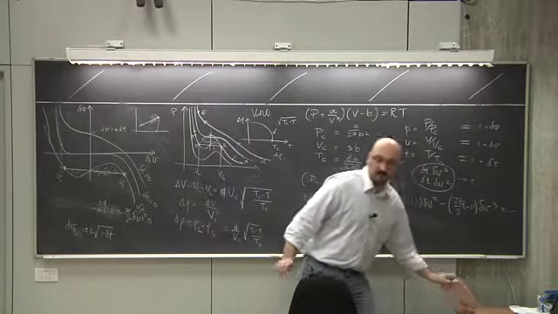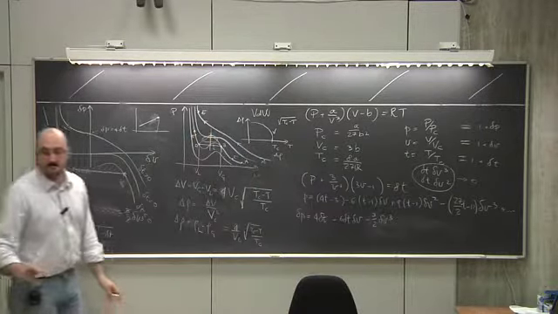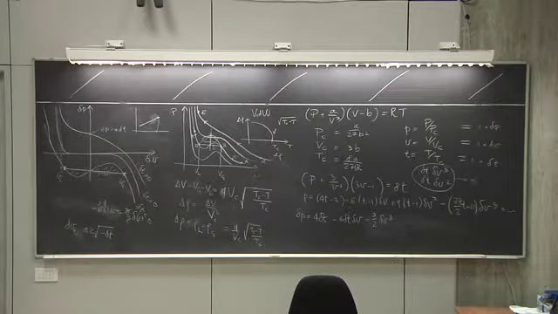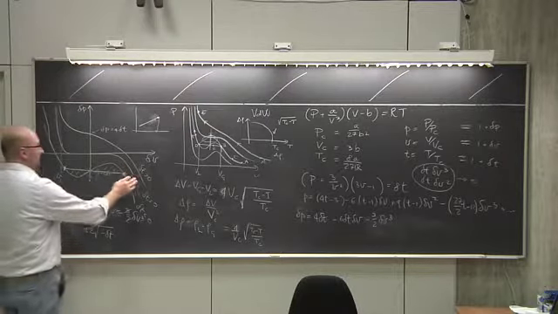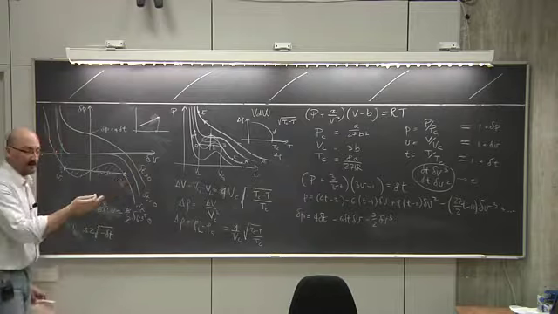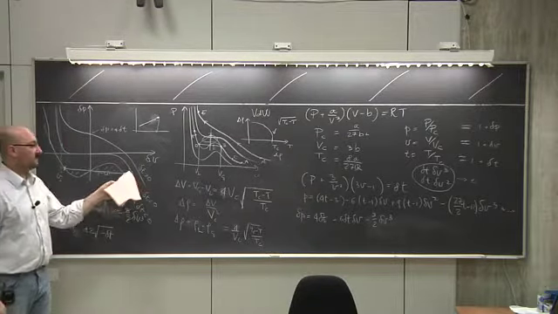Okay. Is this clear? Okay, so let me recapitulate. When the temperature is higher than the critical temperature, what is delta T?